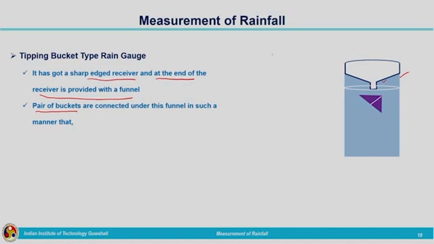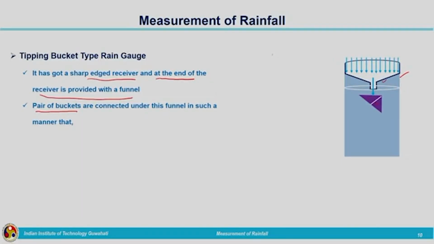When rainfall is occurring, it will be collected in the funnel and directed towards the buckets. This way rainwater will be entering into the bucket. When one bucket receives 0.25 millimeters of rainfall, what will happen?